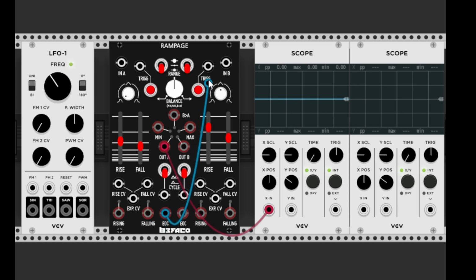So now the end of cycle of envelope A triggers the beginning of the cycle of envelope B. Let me make it longer. Let's say I want this very smooth attack and very smooth decay, followed by a quite short attack and a quite short decay. Let me trigger the left unit.